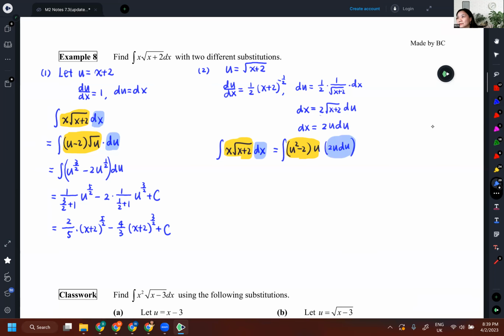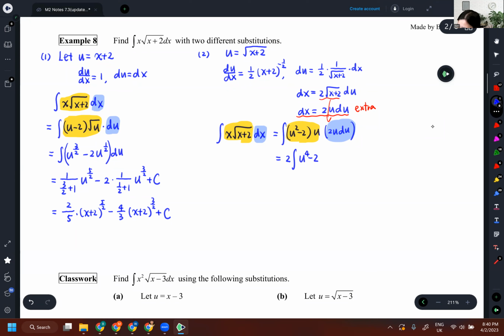So this is equal to, take out 2, that's u to the power 4 minus 2u squared du. And that is 1 over 5 u to the 5 minus 1 over 3 u cubed plus c.